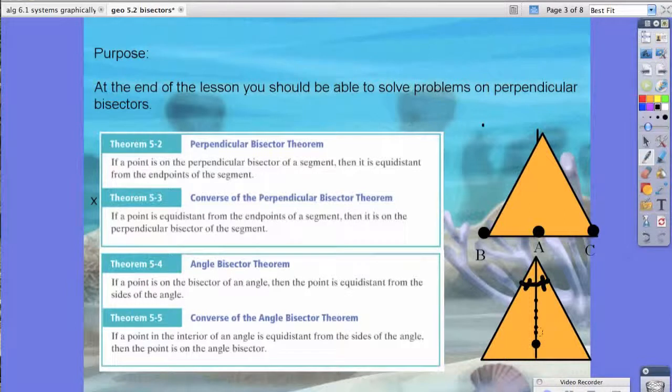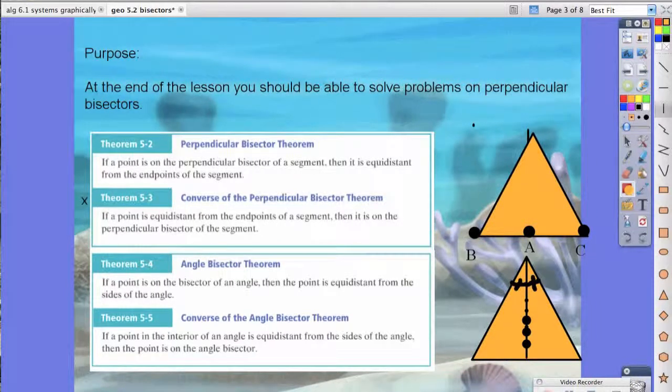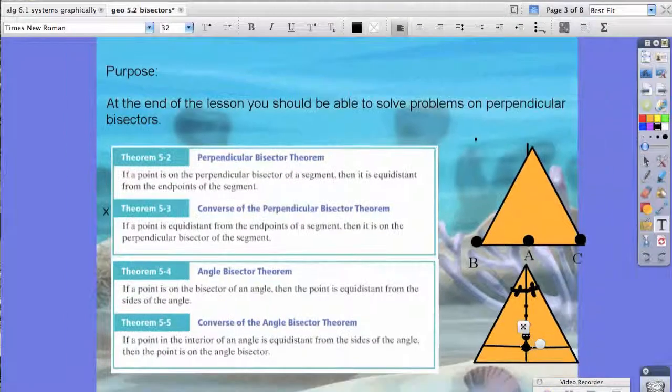If I put this point anywhere on the line, these points are equidistant to the sides of the angle, which means this line segment is congruent to this line segment. And the converse is true as well. If I have a point A, and this point is equidistant from the 2 sides of the angle, then it's on the angle bisector.